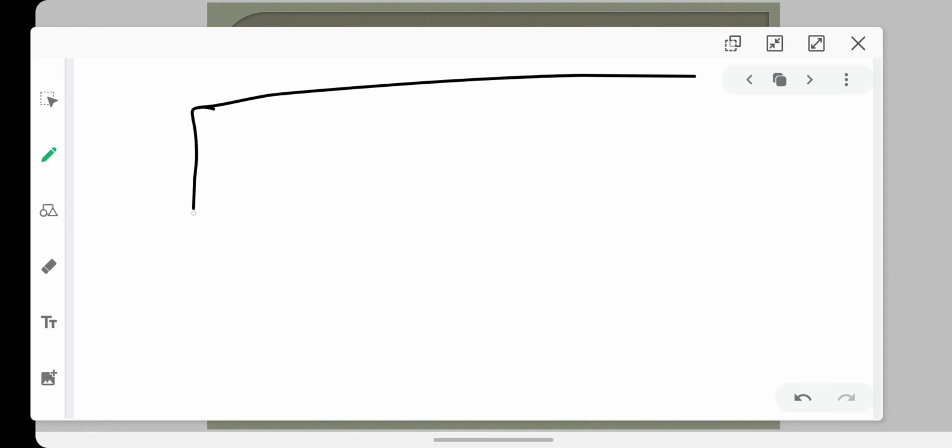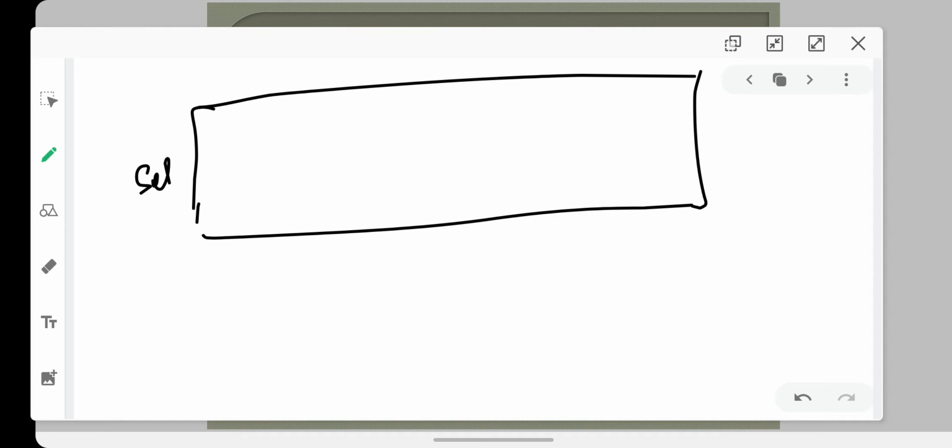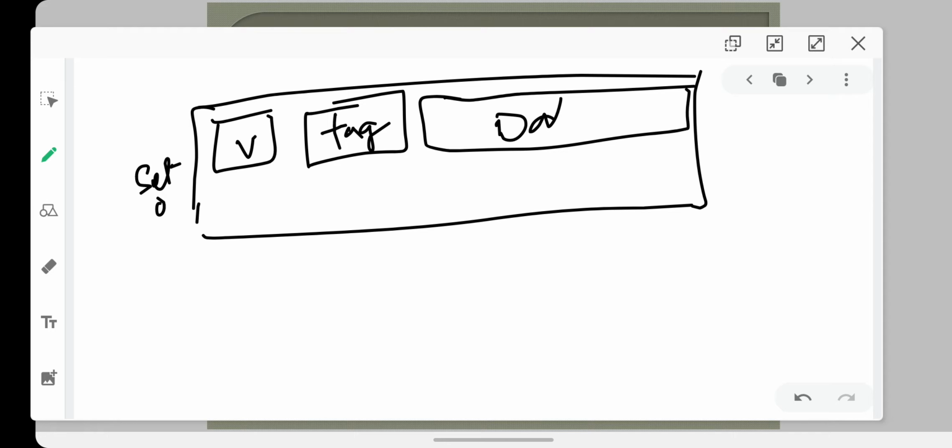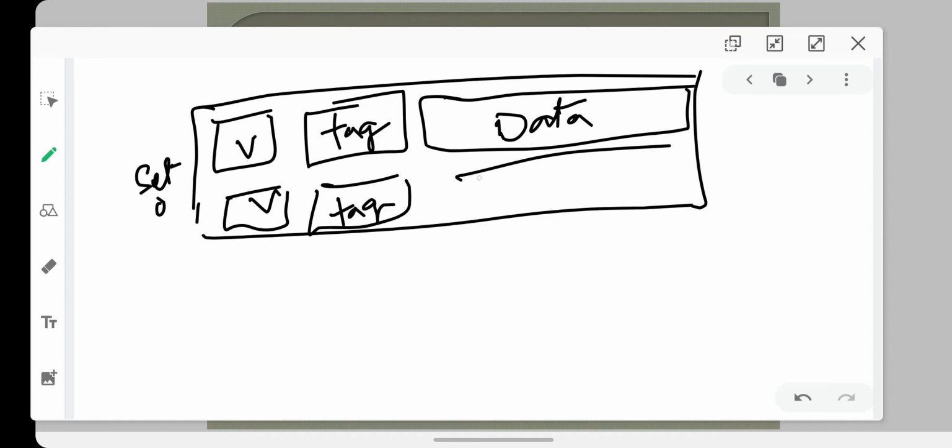So we'll have that picture here now. Suppose you have a set, set 0, which has two lines. One line will have one valid bit, a number of tag bits and some data bits. In the same way you have another line in set 0, with a valid bit, a tag and data bits.